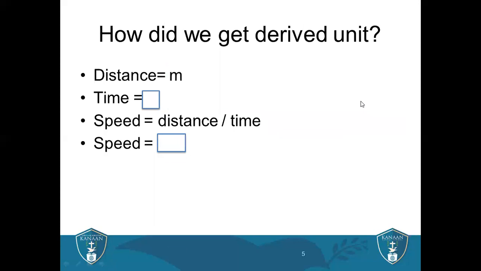So we're just going to replace the distance and the time in the equation with their units. Thus, the unit for speed is meter per second, or in AS level, we'll use meter second to the power of negative 1, because a dash means something else in AS level.